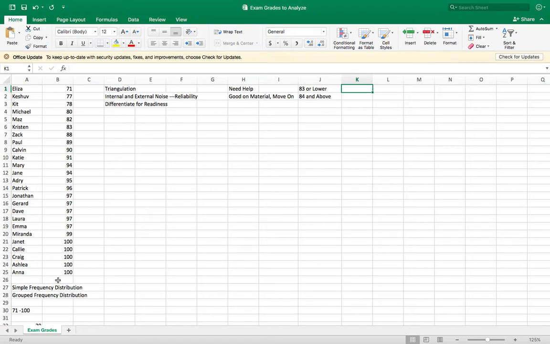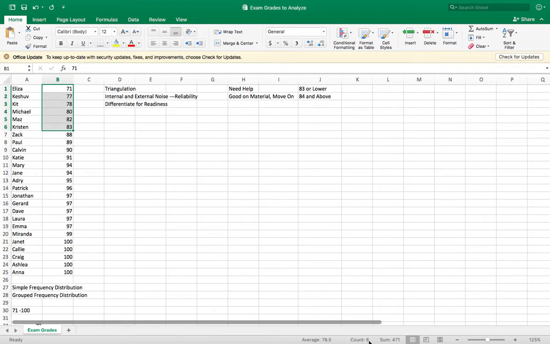Okay, now this is a small data set. Let's be real, I'm just counting, right? So I'm starting with 71 and up to my 83. Now, here's a good little trick for you. Instead of me saying 1, 2, 3, 4, 5, 6, you can look down here and Excel says count.